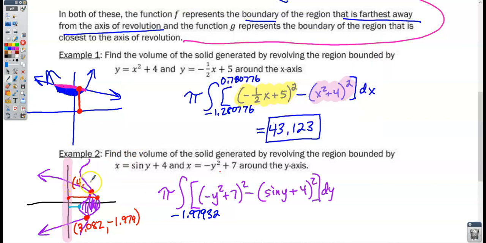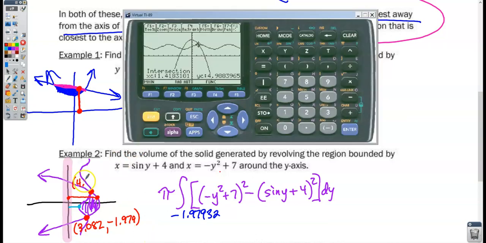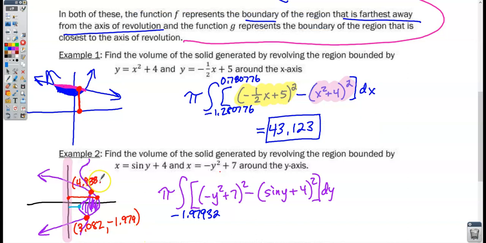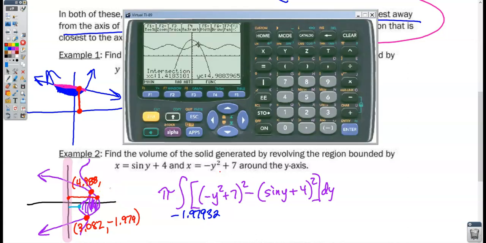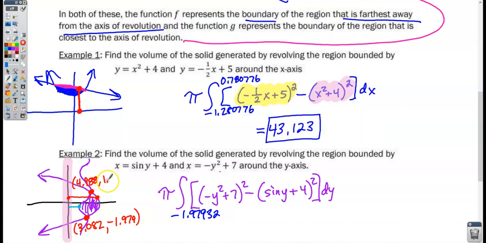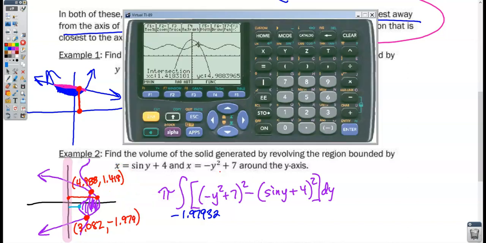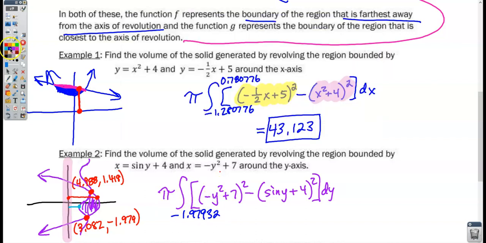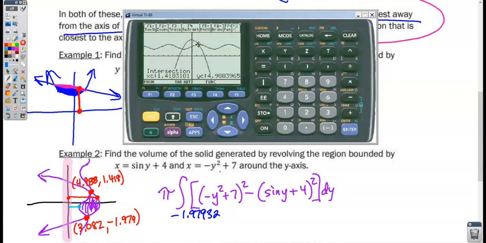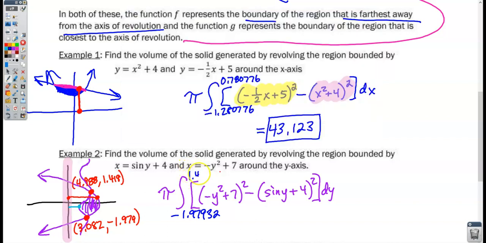So that's going to be 4.988, comma, 1.418, and we want the y-coordinate of this intersection point. When we graph the inverses, in real life I want the y-coordinates of these intersection points. Those are the x-coordinates of the inverse when I graph the inverse on my calculator. So that's going to be 1.4183101.